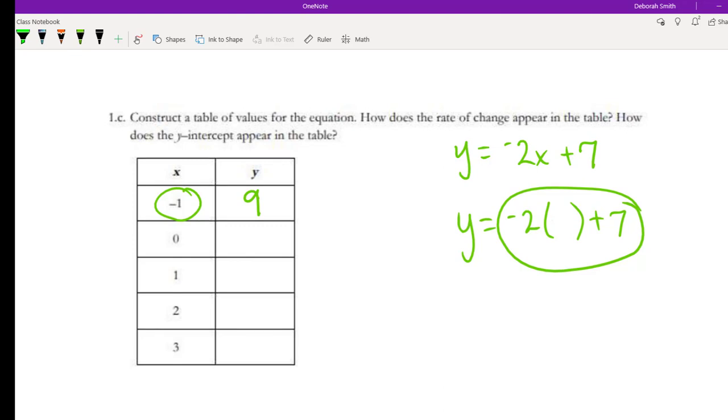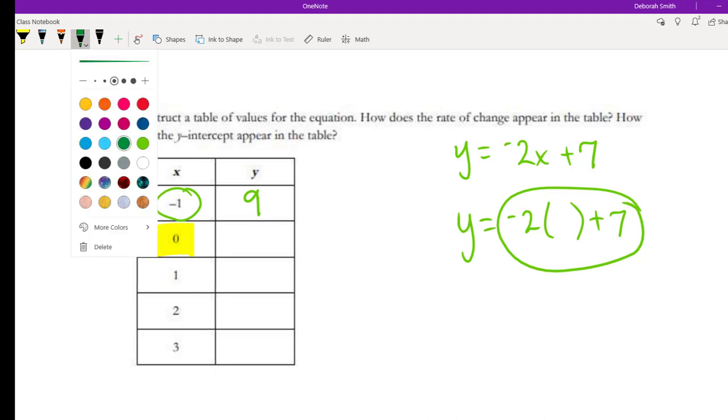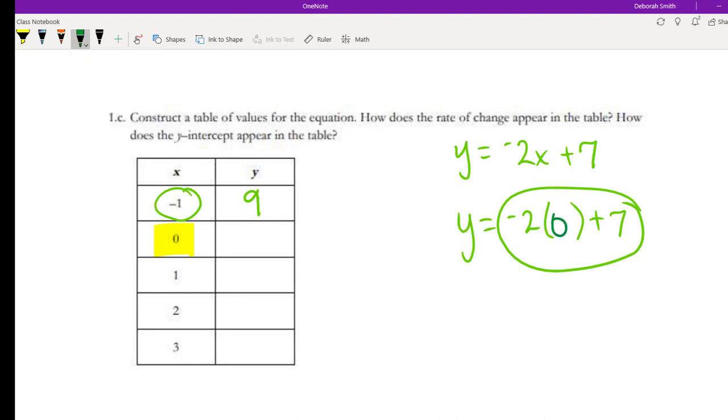And then you do it again, but this time we're going to use 0 as our input. So I'm going to change that to 0. And then evaluate this. So negative 2 times 0 plus 7 is 7. And then I continue doing this.